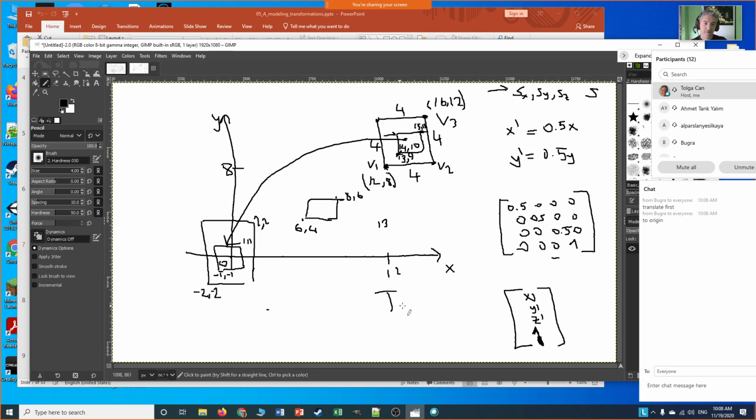Okay, so it's the same thing. First translate whatever pivot point you want to scale around. So it's like scaling around the pivot point. You first translate that pivot to the origin, then do the scaling, and translate back.